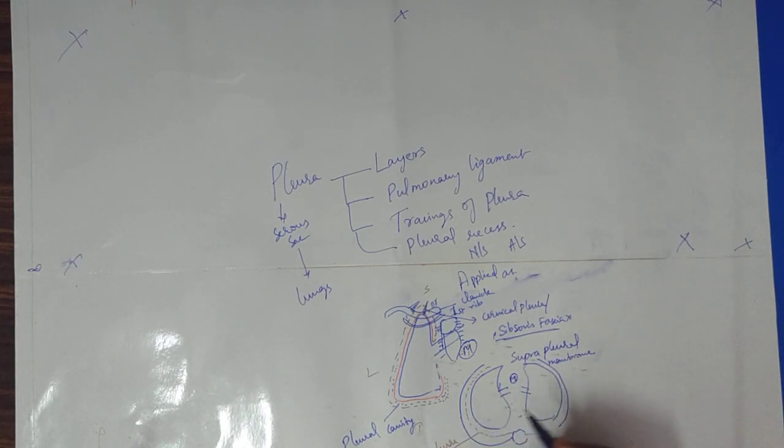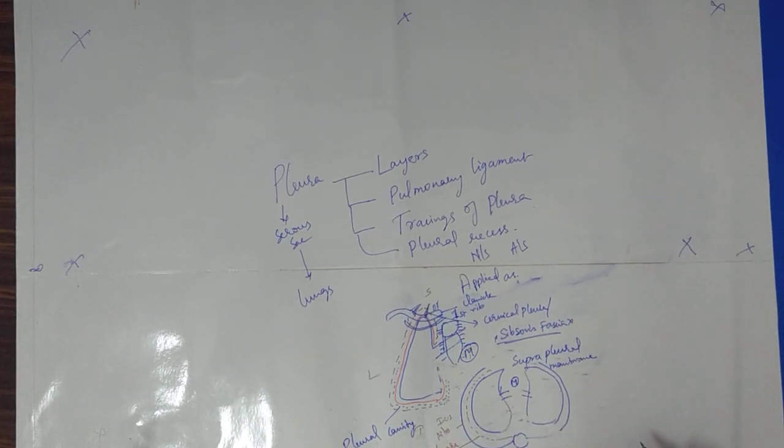We have the ribs, and in between the ribs intercostal spaces with the intercostal muscles and nerves. Between the costal pleura and the intercostal space you have a loose areolar tissue called endothoracic fascia.